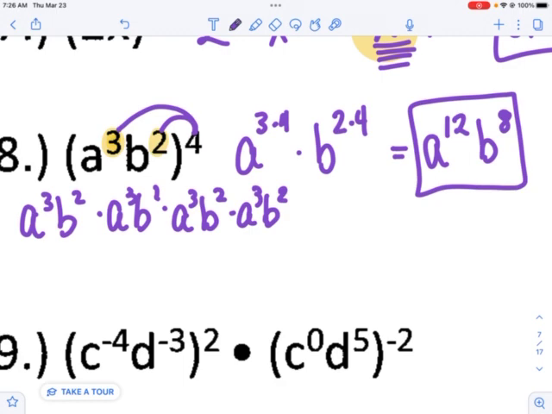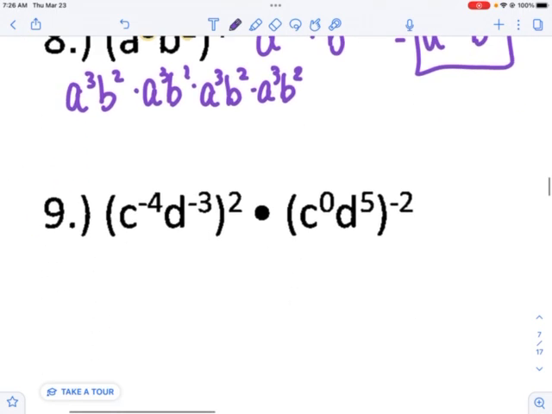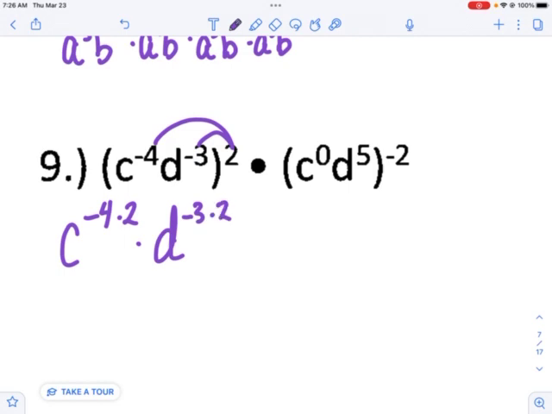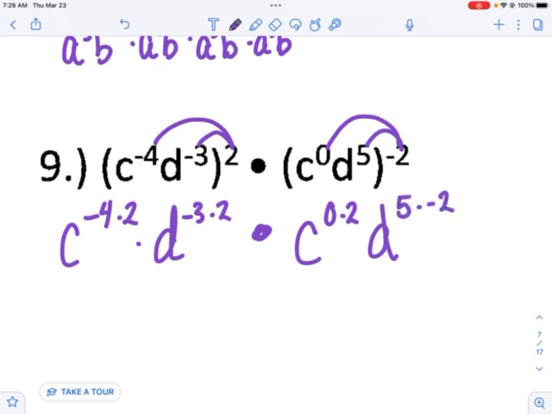Okay? And now for our tricky one. We've got a lot going on here. So let's go ahead and distribute. I'll do this one first. I have c to the negative 4 times 2 times d to the negative 3 times 2 times, let's distribute here, c to the 0 times 2 times d to the 5 times negative 2.